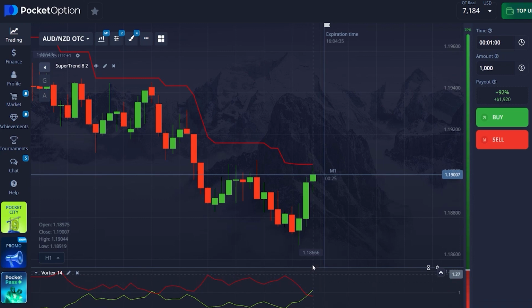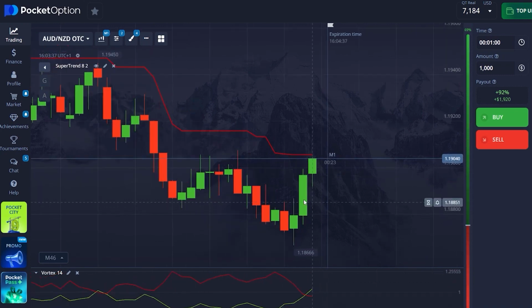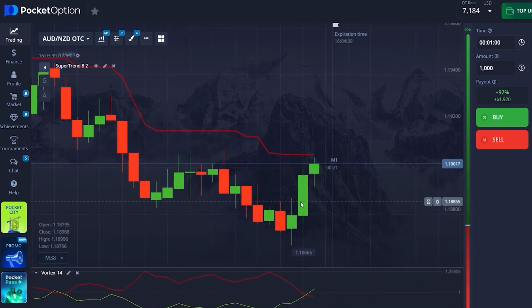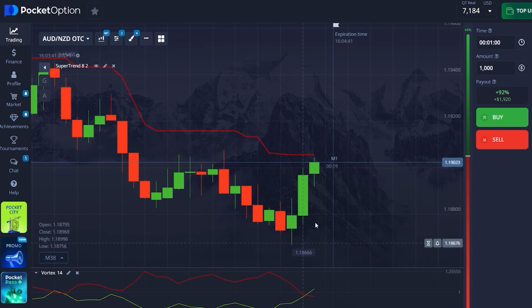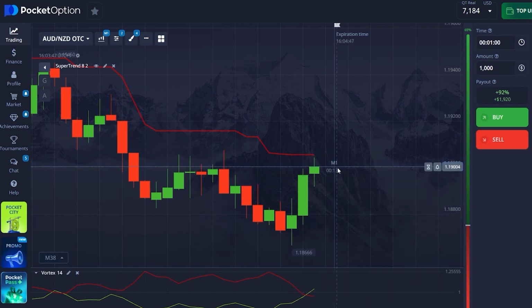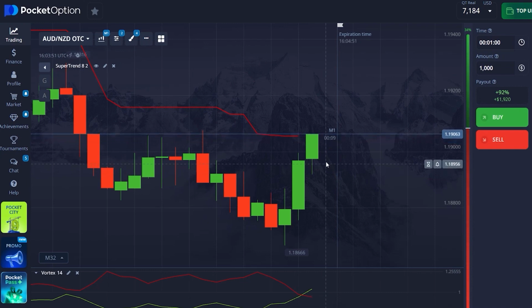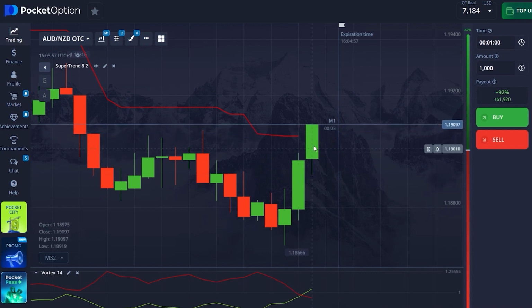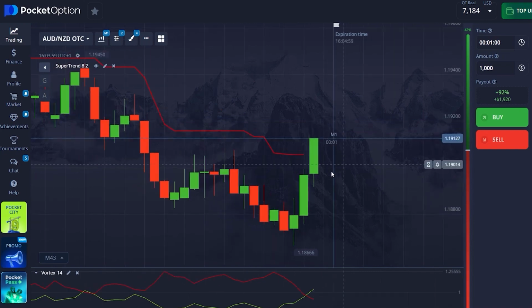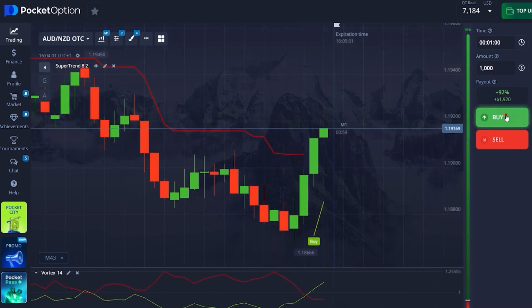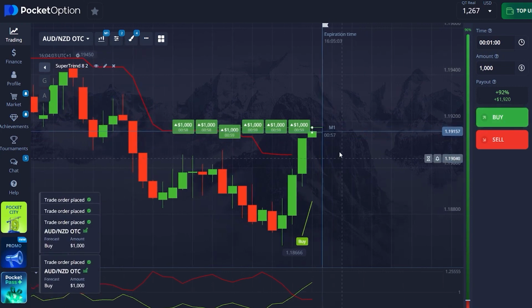Just give me a confirmation. I also have to wait for the Supertrend indicator to also give me indication to go into the market. So right here I have 6 seconds towards the end of this candle, maybe after the end of this candle. So right here I'm going to go for an up position.